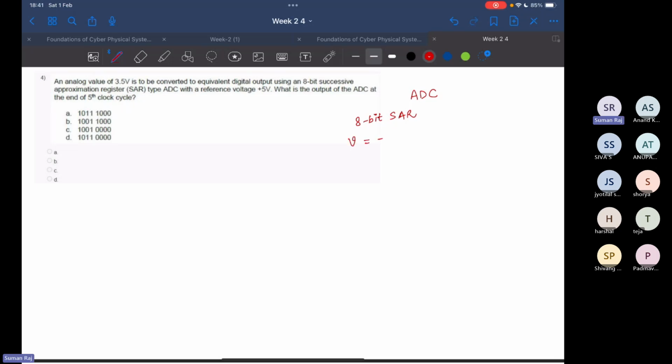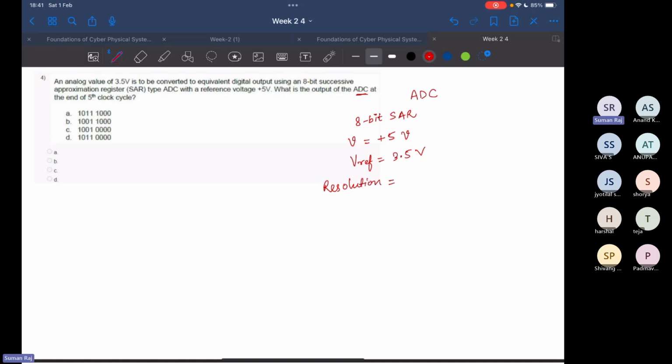Your reference voltage is plus 5 volt. Okay. So what is the output of the ADC at the end of fifth clock cycle? Okay, so your V input is how much? 3.5 volt. All right. So since you have 8 bits, what is your resolution?